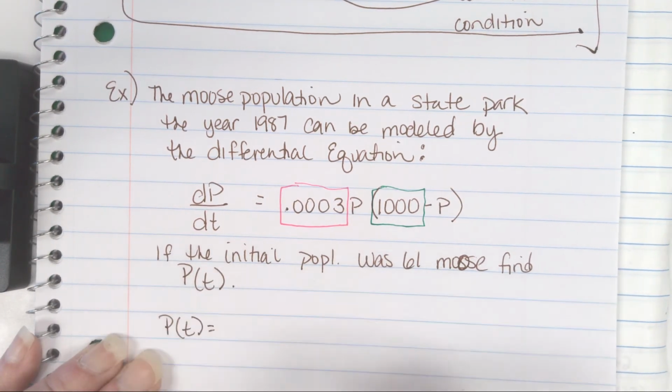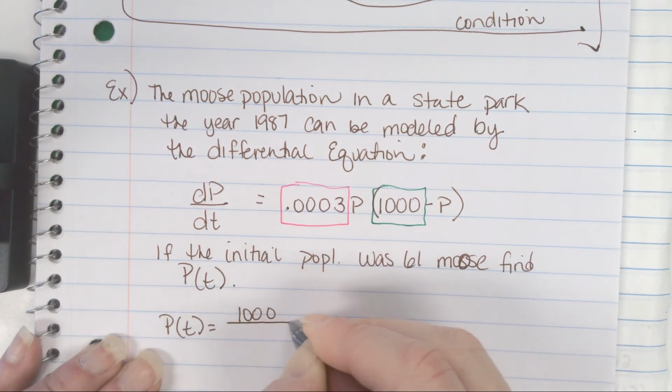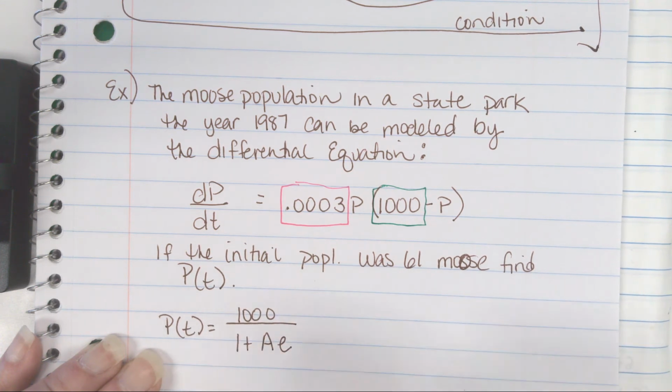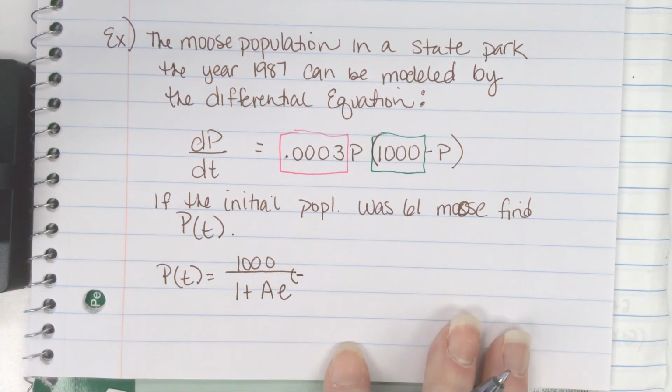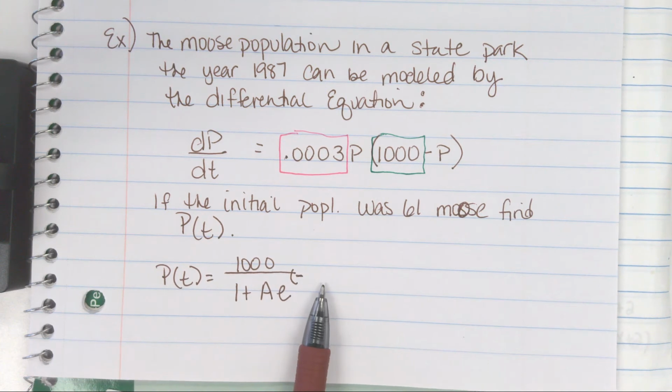So P of t equals 1000 over 1 plus A times e to the negative, and up here has to be M times k, right?